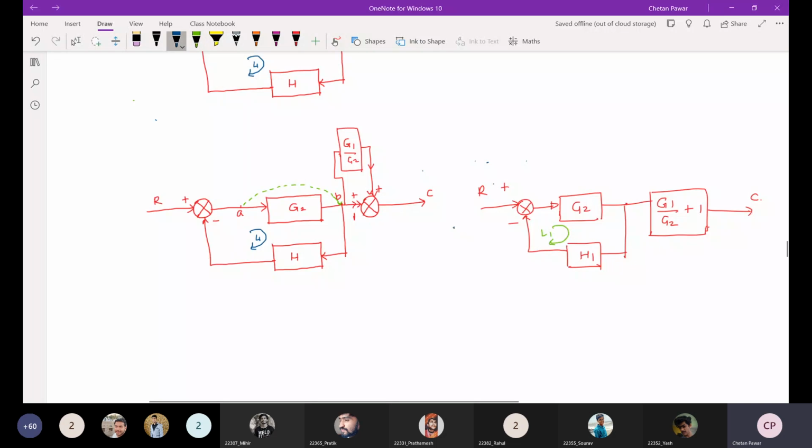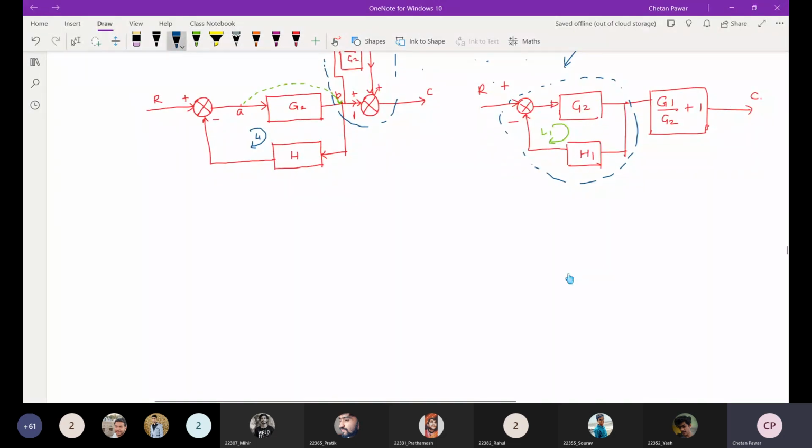The forward path gain upon 1 plus loop gain, G2 into H1. This was the parallel combination, and now this is a negative closed loop, so it gets reduced to the forward path gain upon 1 plus G2 into H1.